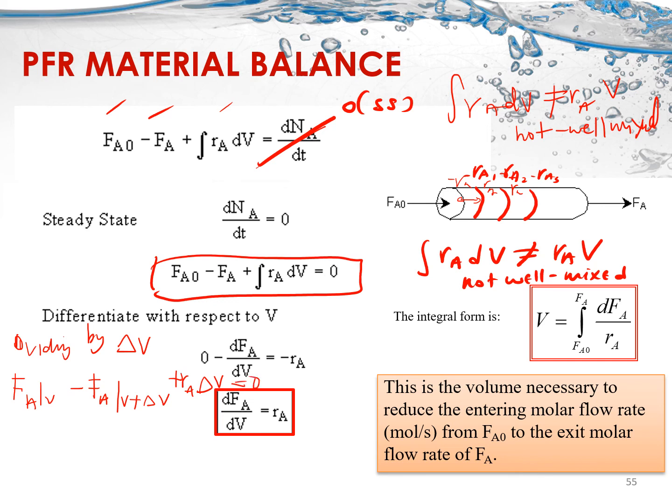This means that there is a change. So from here, this is FA0, this is FA, and this we can write as RA V. So from there we get this one. We can define dFA over dV equals RA.